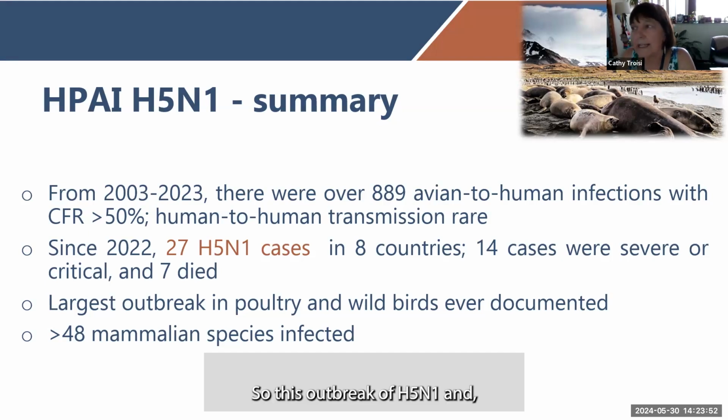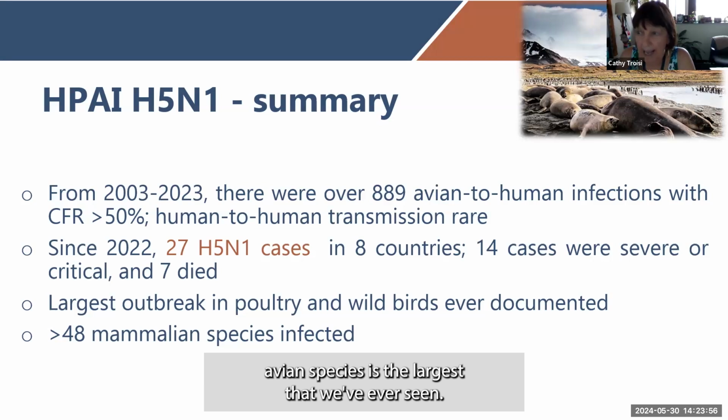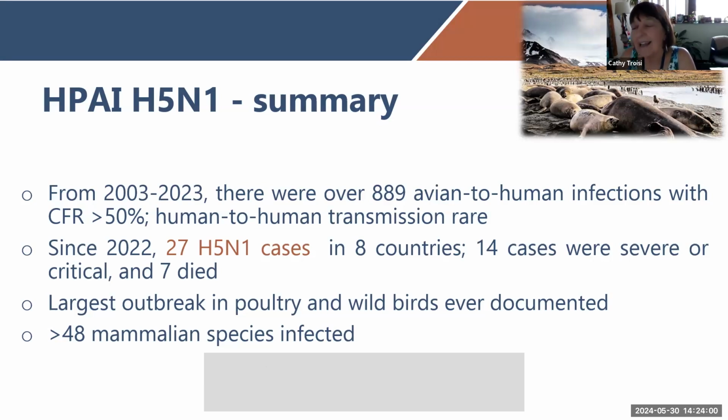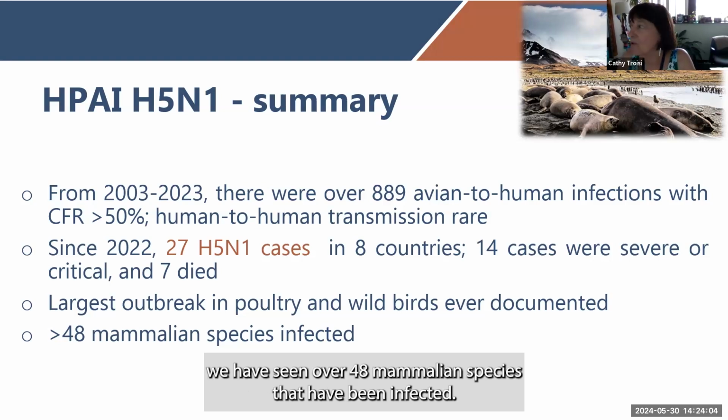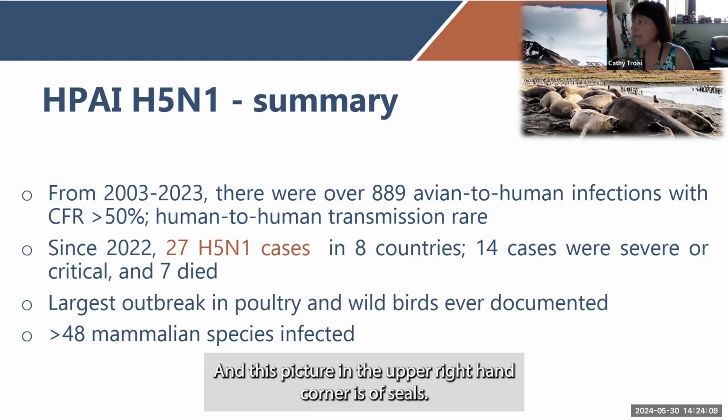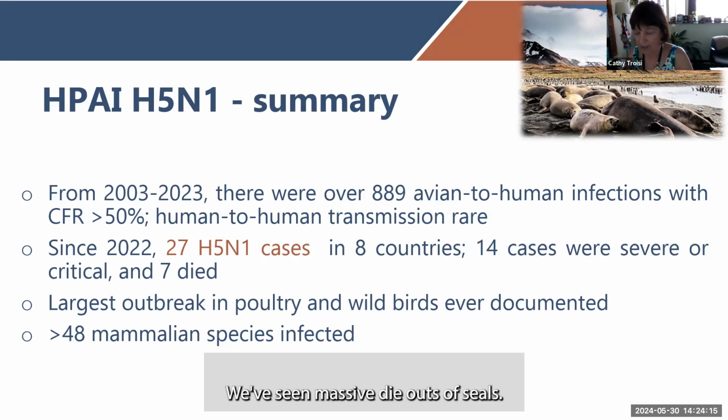So this outbreak of H5N1 in avian species is the largest that we've ever seen. Also, what's unusual about it is we have seen over 48 mammalian species that have been infected. This picture in the upper right-hand corner is of seals. We've seen massive die-outs of seals.